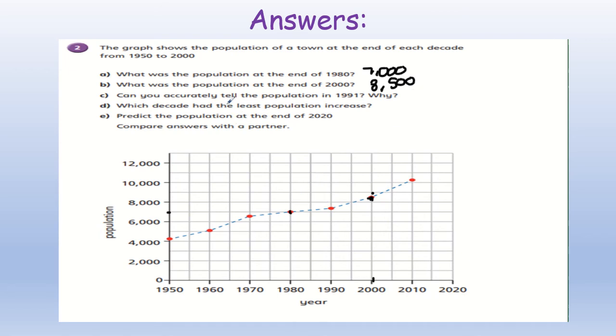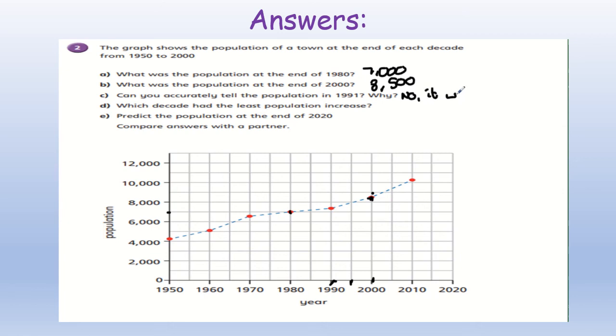C. Can you accurately tell the population in 1991? Why not? Well, 1990 is here, 2000 is here, so 1995 is halfway, but 91 could be either of these, really. So you can't be completely accurate.